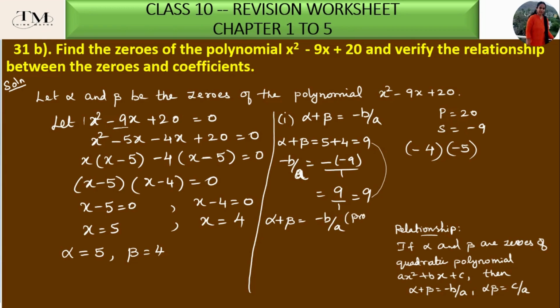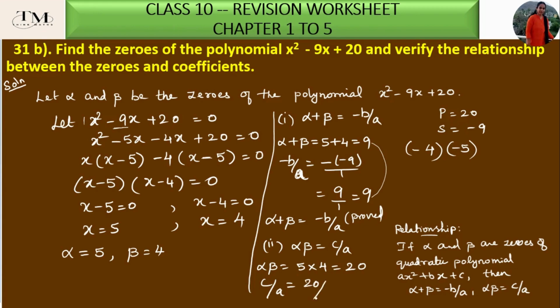So this is proved. So what is the second one? We have to verify alpha beta is equal to c by a. So alpha beta, take the LHS. Alpha is 5, beta is 4. So 5 fours are 20. Next is c by a. So c is the constant term. The constant term here is 20.